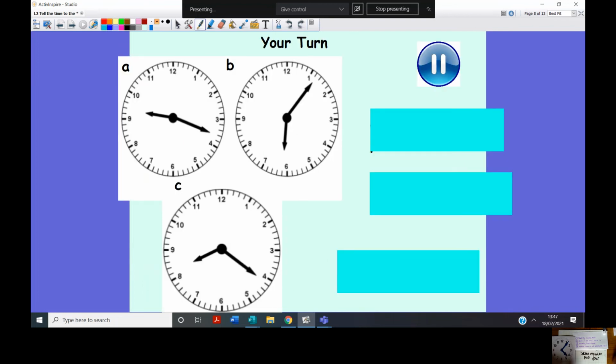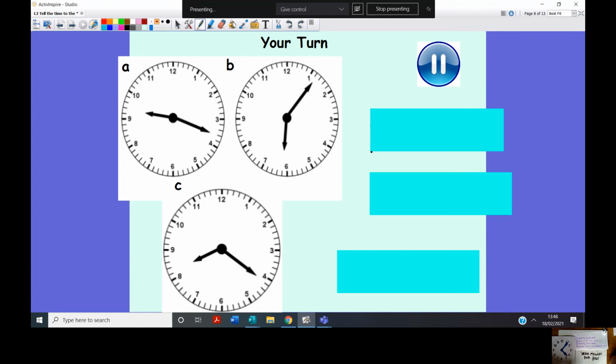Okay, it's your turn to do a bit of practice. So all you'll need is a piece of paper and something to write with, or if you don't have access to that on hand, you can just say them out loud. So A, B, C, you need to tell the times on each of these screens. I'm going to give you a hint.